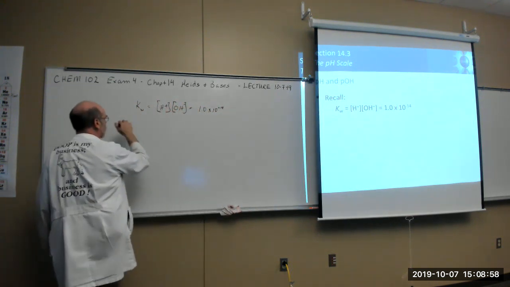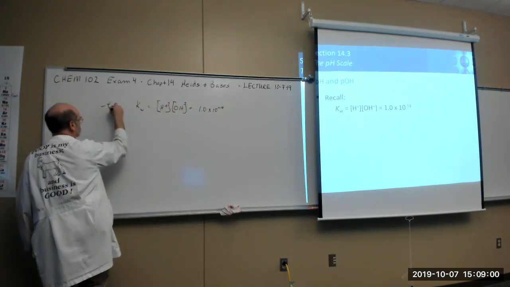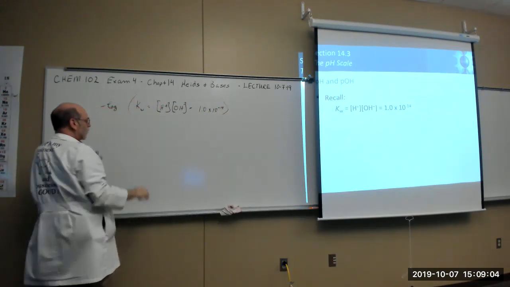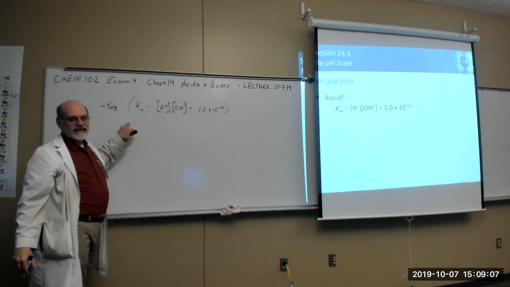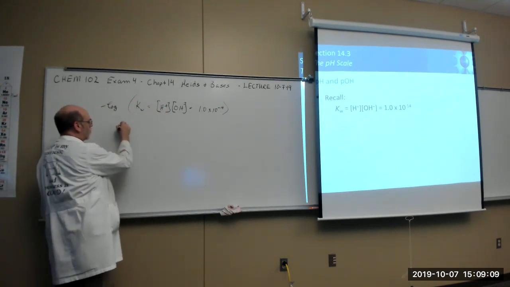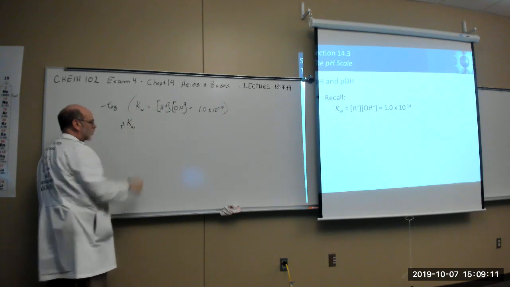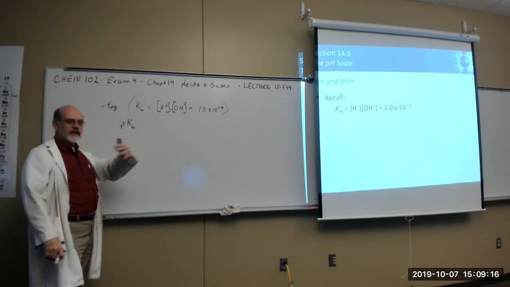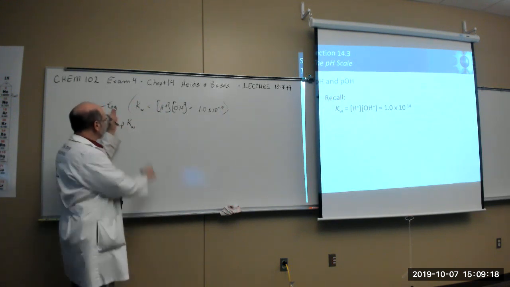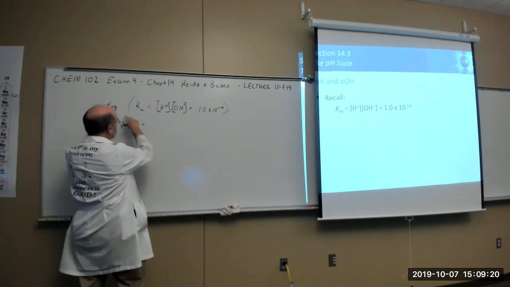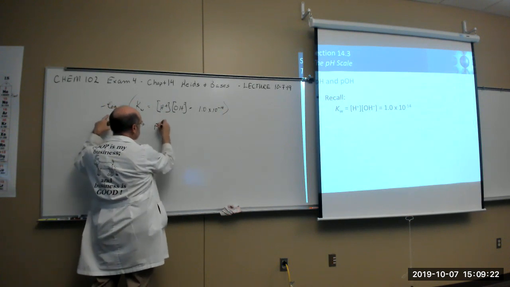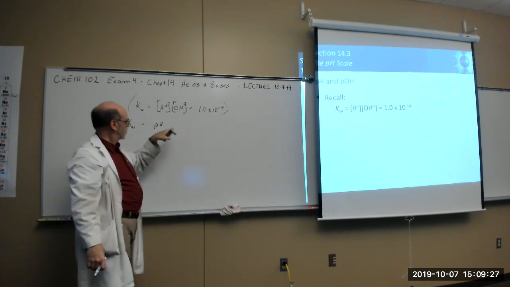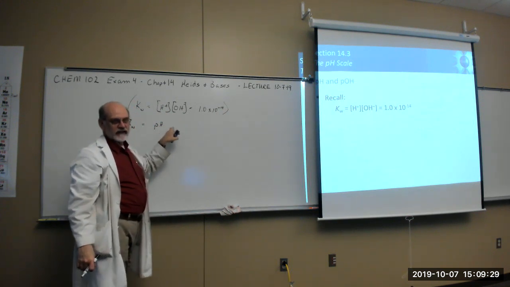And we're going to take the negative log of the whole thing. So the negative log of this one is a new expression called pKw. We're just using Sorensen's convention. Negative log of anything is p something. So pKw is this one, and the negative log of that one is pH. And remember, log of something times something is value plus value.